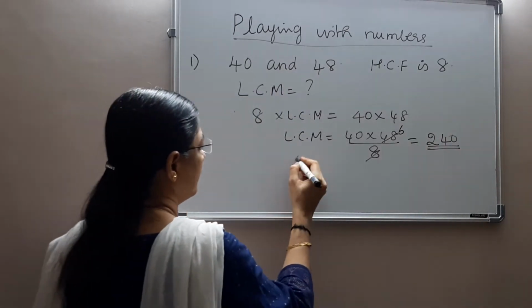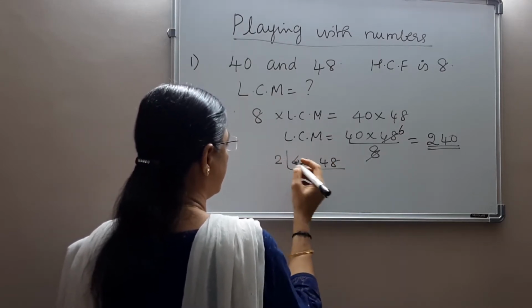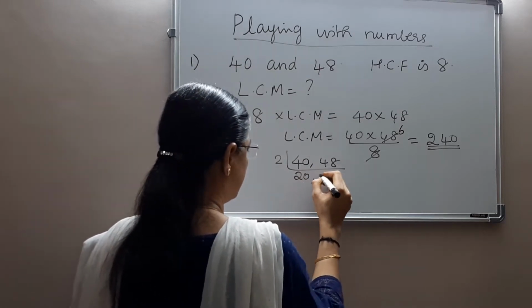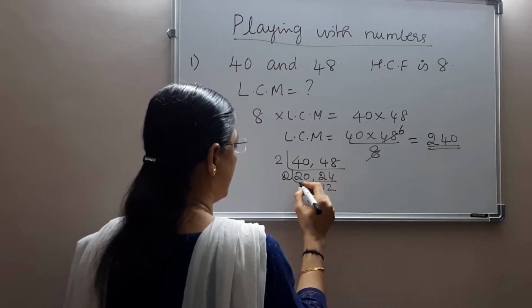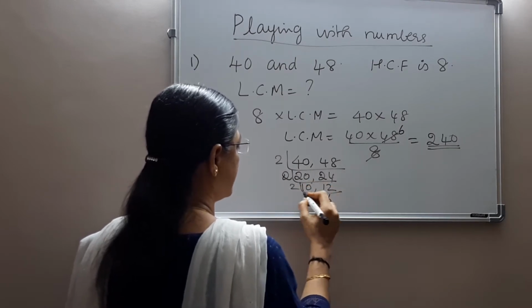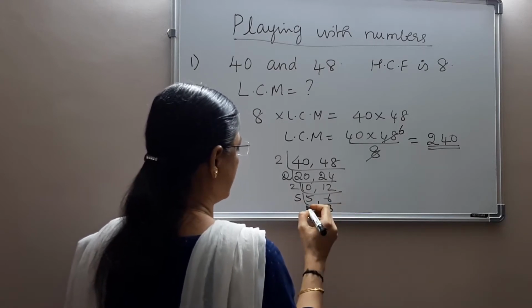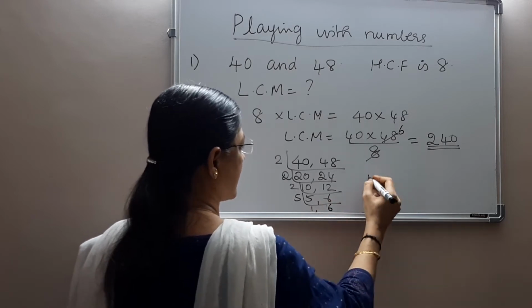Now you can very well find out by doing the long division method. You can check whether the LCM is right or not. So you have 40, 48, you put 2 here, 20 and 24, 10 and 12, 5 and 6. So for 5 it is 5 here, and this is 1, and bring this 6 as it is.